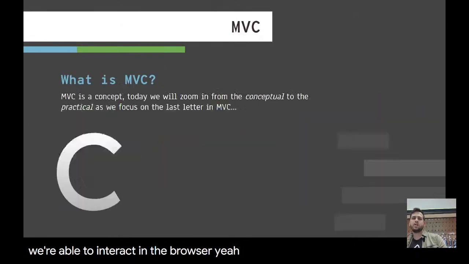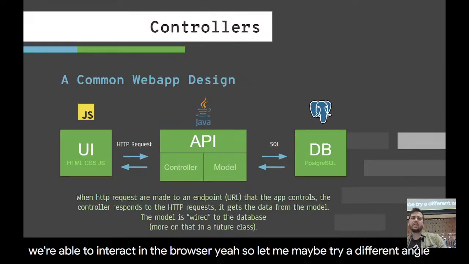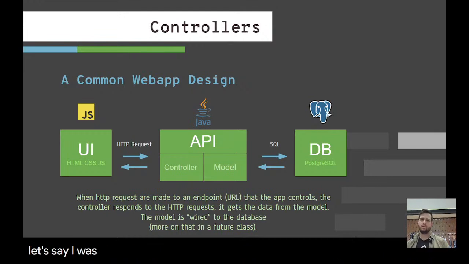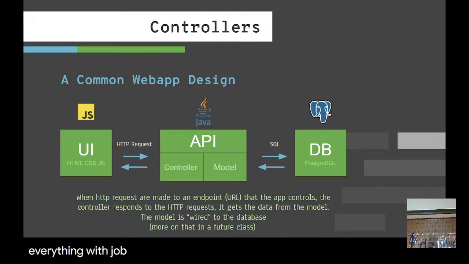Yeah. So let me maybe try a different angle. Let's say I was wanting to build an application and I had the option of doing everything with Java or doing some things with Java and some things with Angular. I would choose to do some things with Java and some things with Angular.